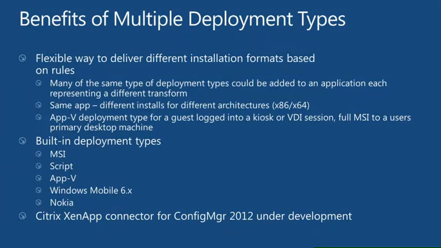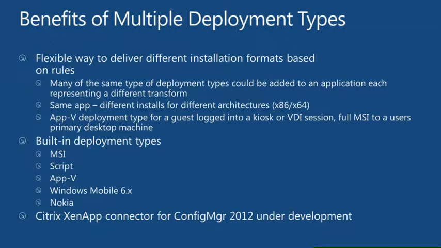The core scenario that we tried to tackle here is that in 2007, you really had to customize your packages and programs to the device or to the user that's going to be receiving those instances. Let me take an example. If you have an application that has an x64 version and a 32-bit version, what you had to do in Config Manager 2007 is create two packages and programs, deploy one to the 32-bit collection, and deploy the other to the 64-bit collection.